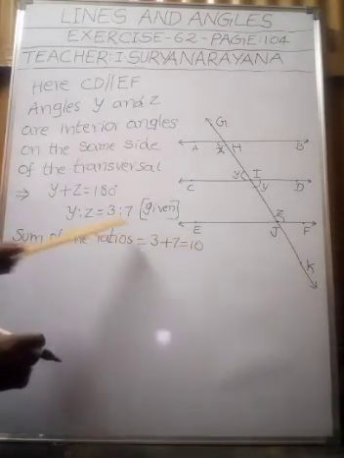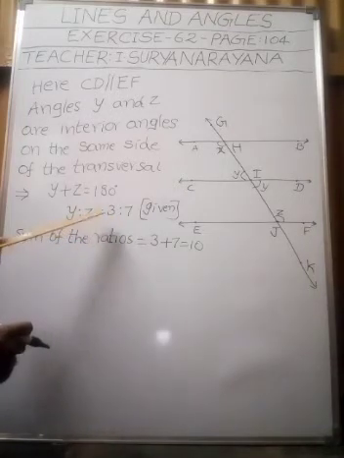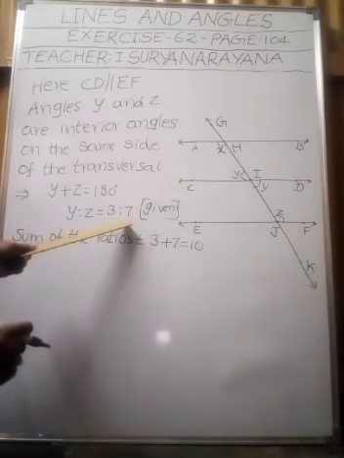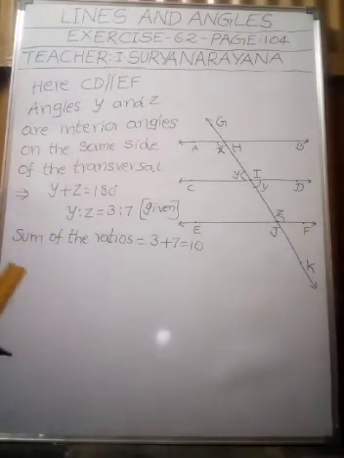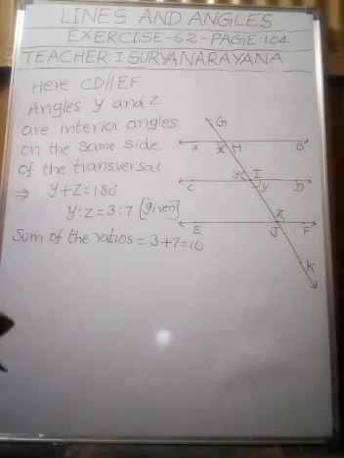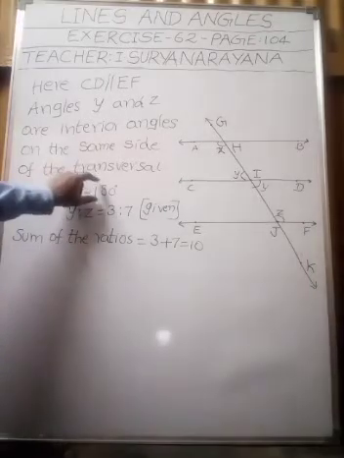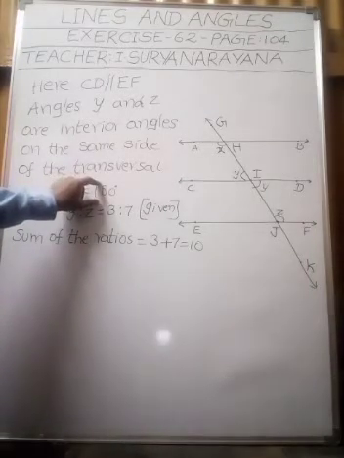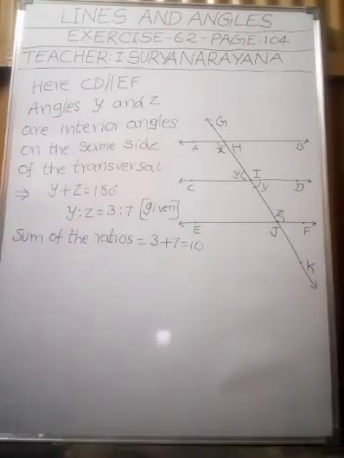Out of 10 parts, Y is 3 parts and Z is 7 parts. Okay, my children. Then we find the angle. So the total angle is 180 degrees. In this 180 degrees, Y is 3 parts and Z is 7 parts.